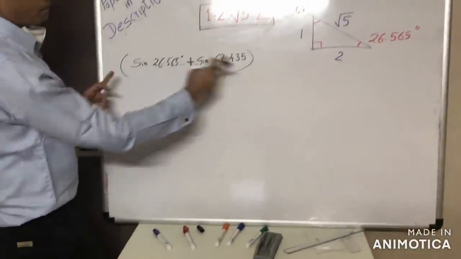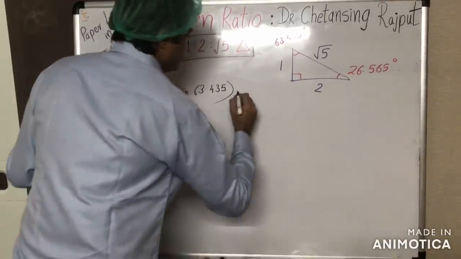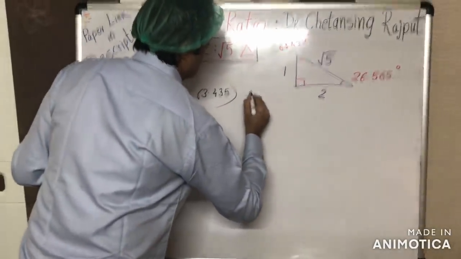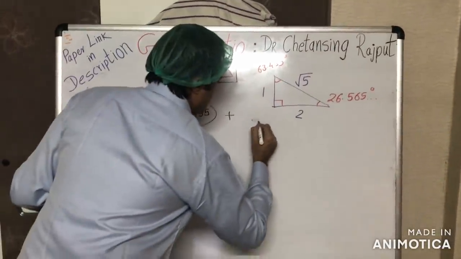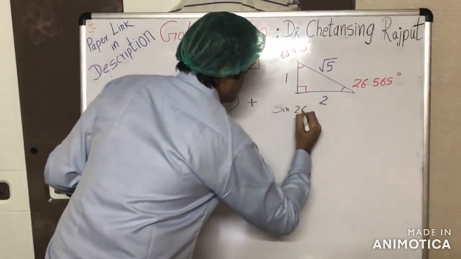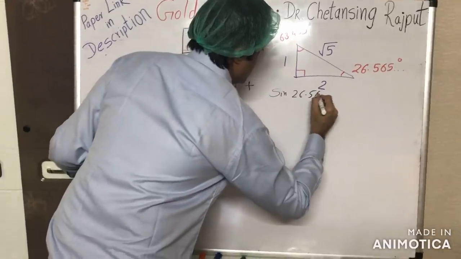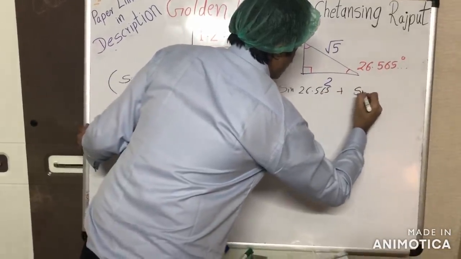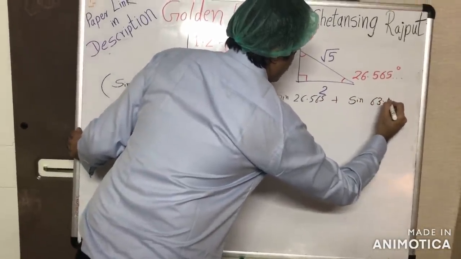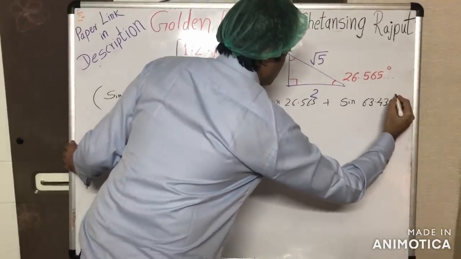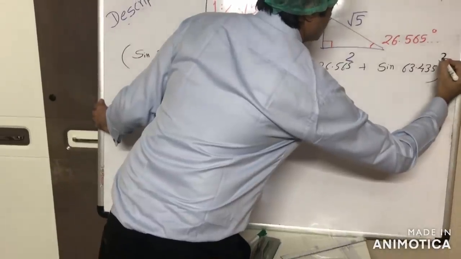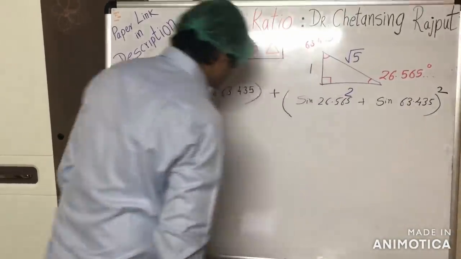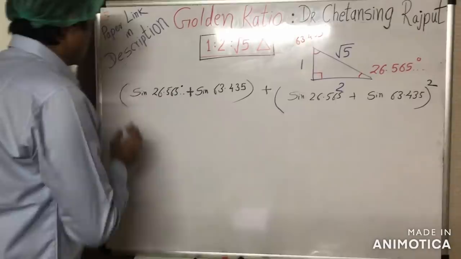This term plus the square of this term, sine 26.565 plus sine 63.435 in brackets, squared.